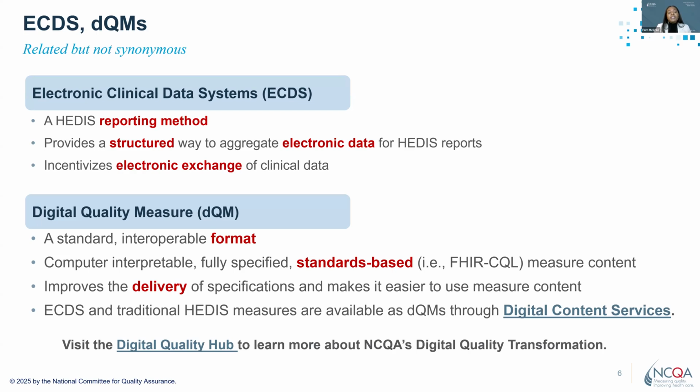DQMs stands for Digital Quality Measures. That's a standard interoperable format, and DQMs are computer interpretable, fully specified standard-based measure content based on FHIR CQL. And DQMs improve the delivery and utility of measure specifications, making it easier to use measure content. And so we have ECDS and traditional measures that are both available as digital content through NCQA's digital content services.